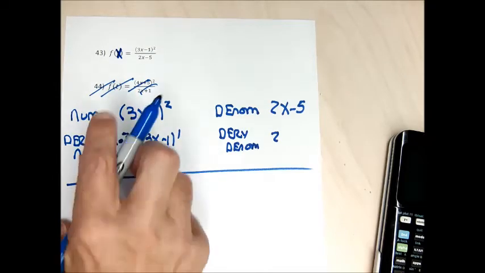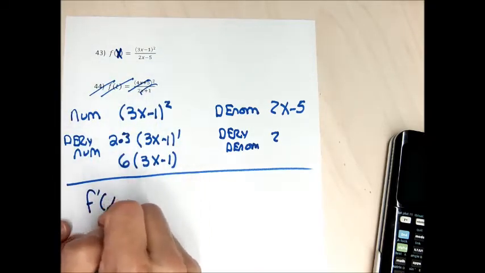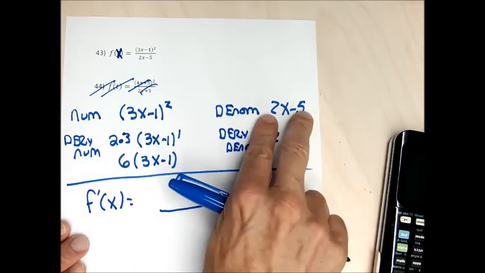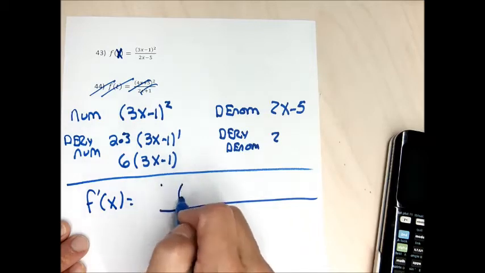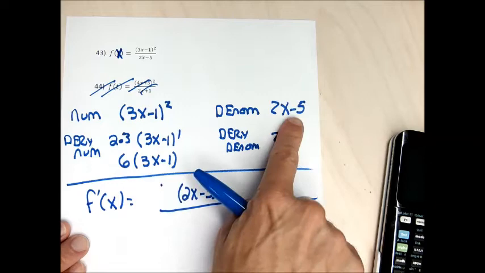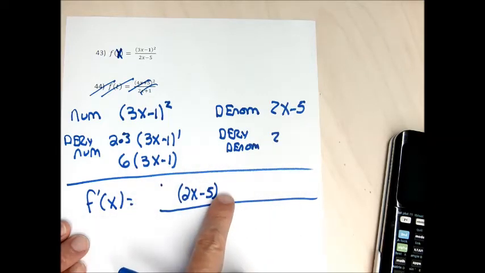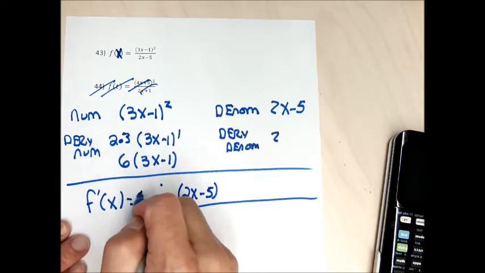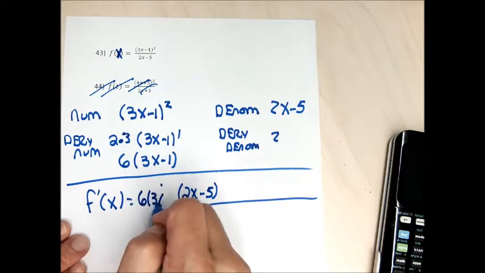So when I go to write the answer, I'm going to say the derivative is big fraction. First, the denominator. I'm going to put it in a parentheses. Denominator times the derivative of the numerator. So after the 2x minus 5, I'm supposed to write this there. I'm going to write it first again just because I like to have the single number first.